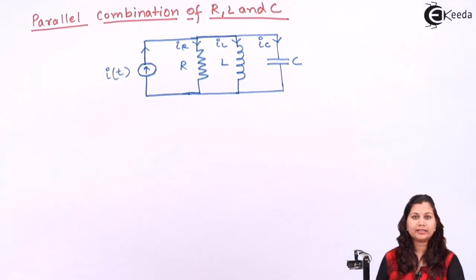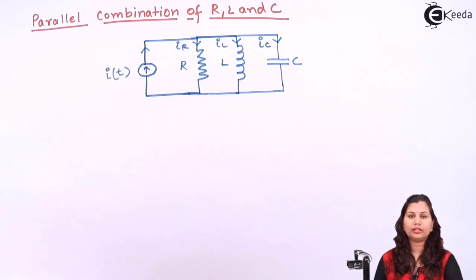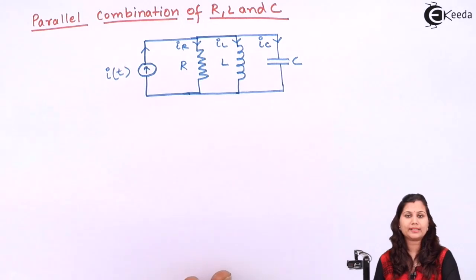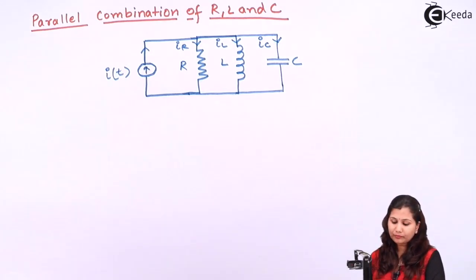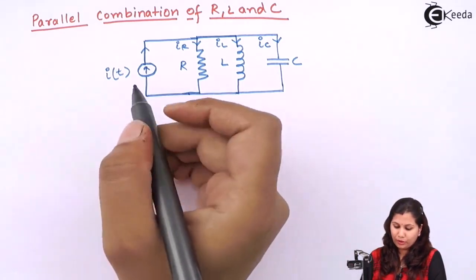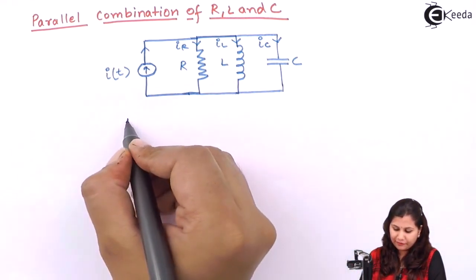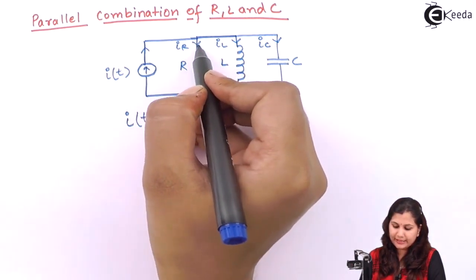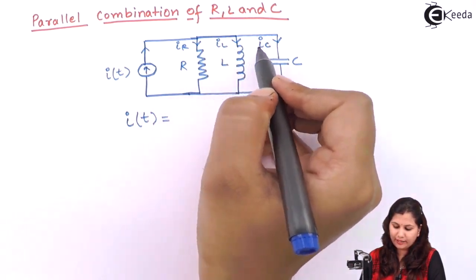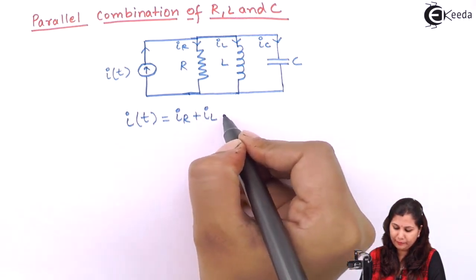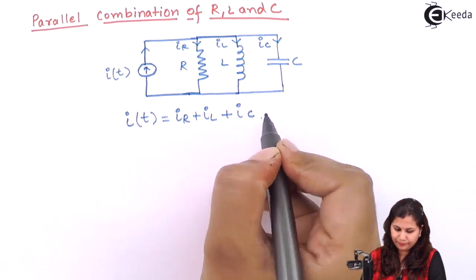First, we will write the equation according to Kirchhoff's current law, which states that the algebraic sum of the currents at a node is equal to 0. So in this, we will have IT equals to, because IT is divided into these three currents, IR plus IL plus IC.